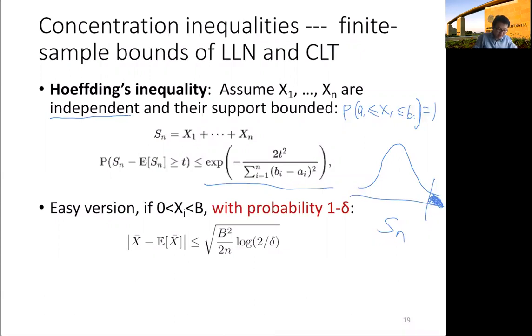A slightly easier to use version, especially for computer scientists who want to state results such as with probability 1 minus delta, is the following.